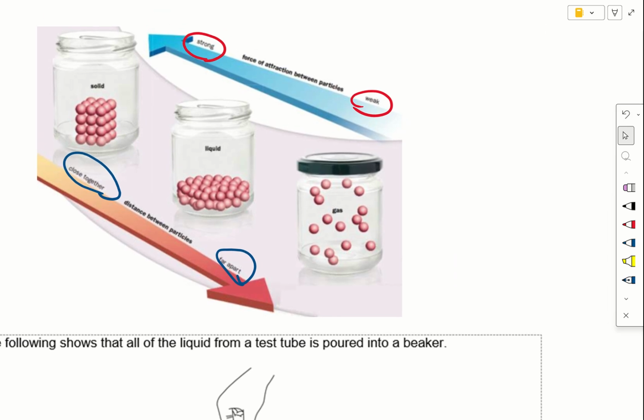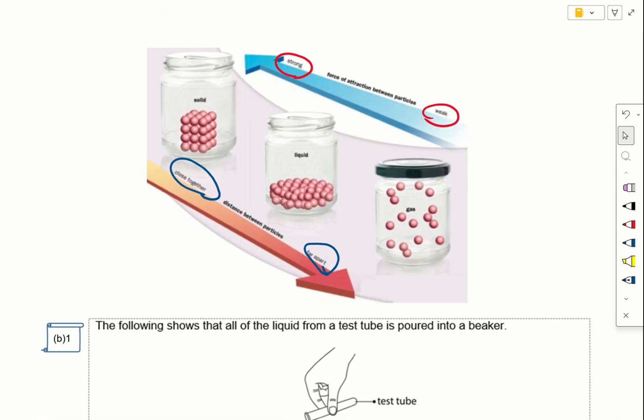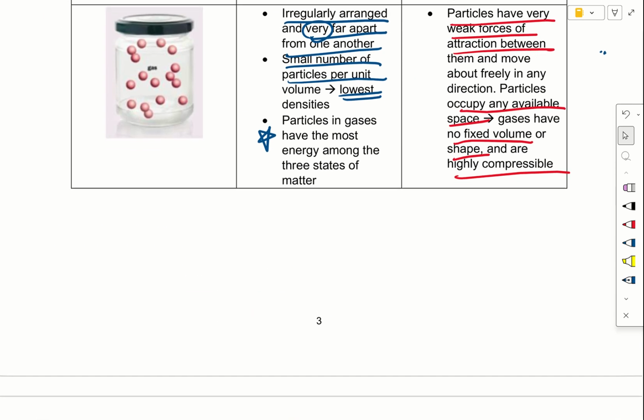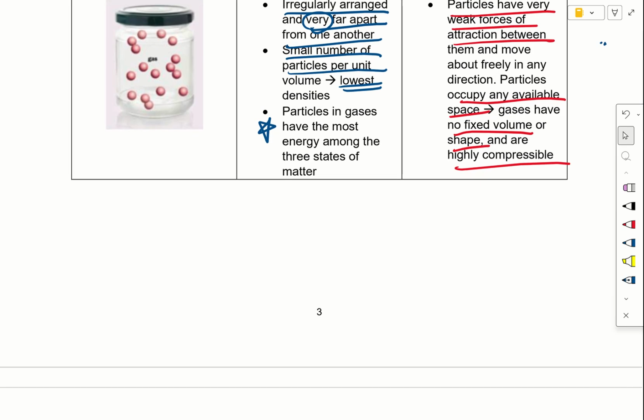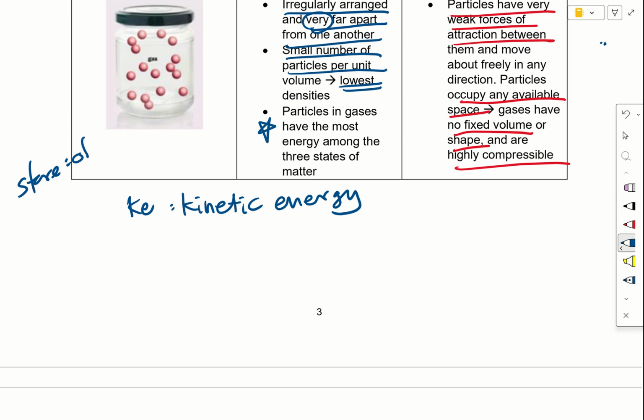Now I'd like to talk about this point here, that particles in gases have the most energy among the three states of matter. For the particles, they actually have KE, which is the kinetic energy. Because if we are talking about particles, we don't need to talk about the store. Stores are for the object.